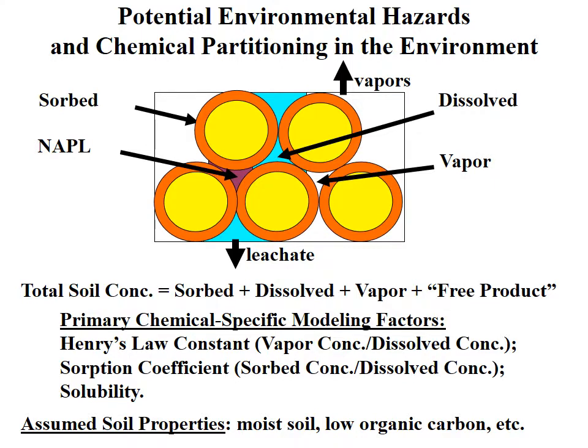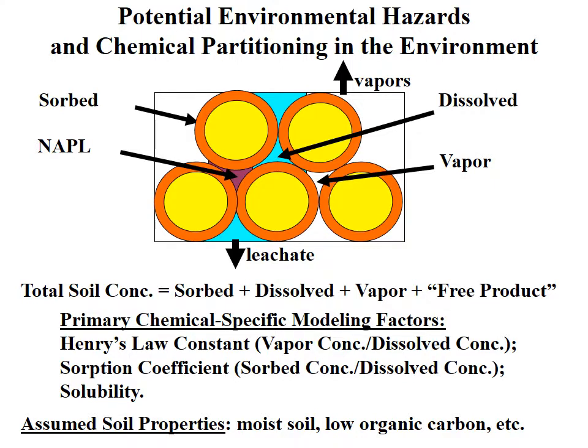So in all the models, whether you're looking at direct exposure or vapor emissions or leaching, they all start off with something very similar. Say for contaminated soil, they take the total concentration of the chemical in the contaminated soil.